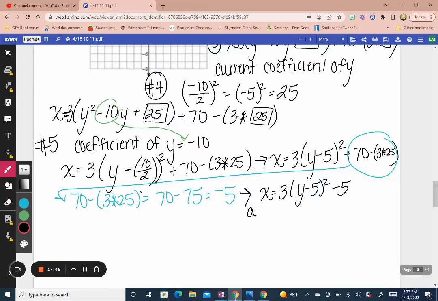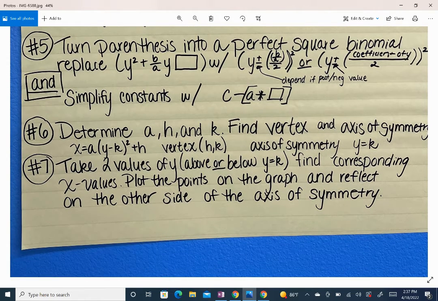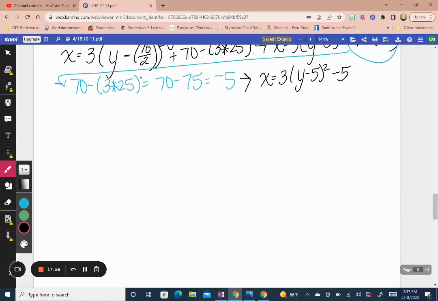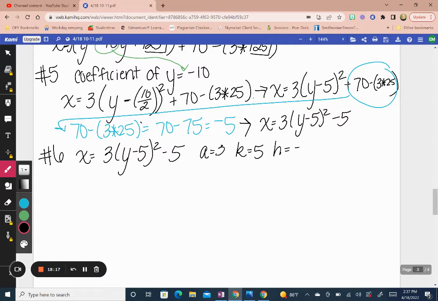So that means my A, let's go to the next step. So determine A, H, and K, find vertex and axis of symmetry. Okay. So step number 6, x is equal to 3, y minus 5 squared minus 5. So my A is equal to 3, my K is equal to 5, my H is equal to negative 5.